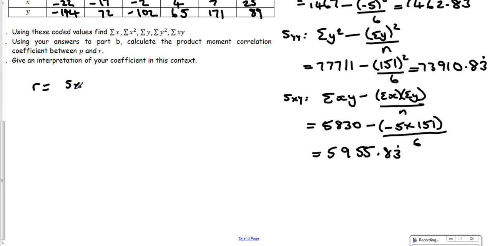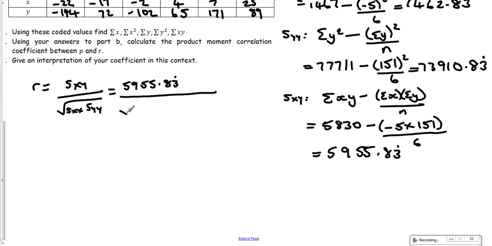Okay, so they're the three components that we need in order to work out R. R is SXY over square root SXX SYY. So if we substitute them in, SXY on the top and on the bottom SXX and SYY multiplied together.